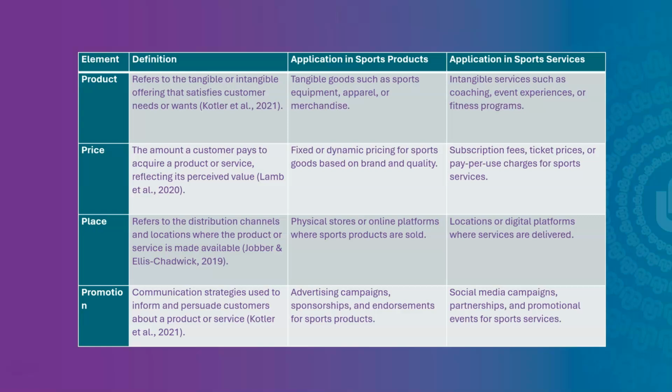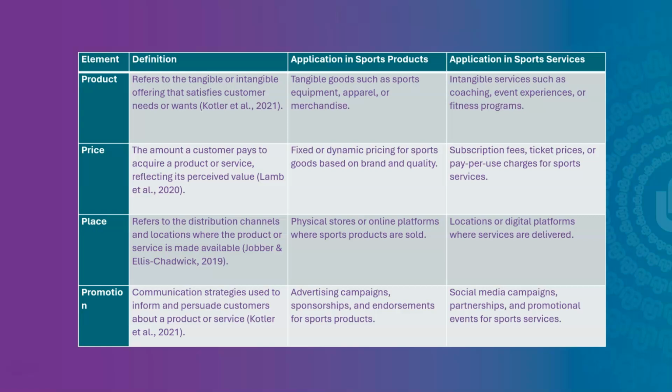If we look at the common definitions of the four traditional elements, it is product, price, place, and promotion, and you can just go ahead and pause and reflect on the definitions. I'm instead going to focus on how it looks in terms of practical examples for products and then also services. For the product, it could be a tangible good like sports equipment, apparel, merchandise, generally those examples.